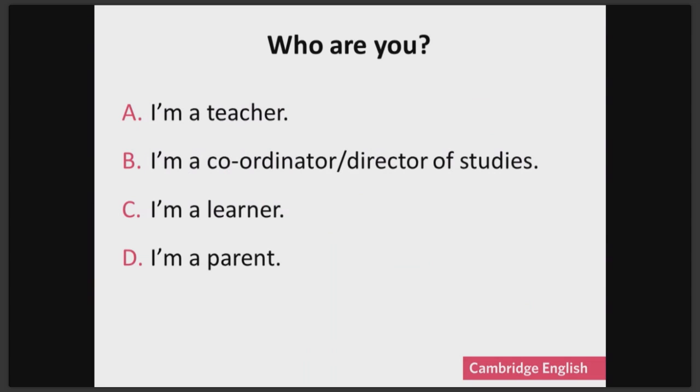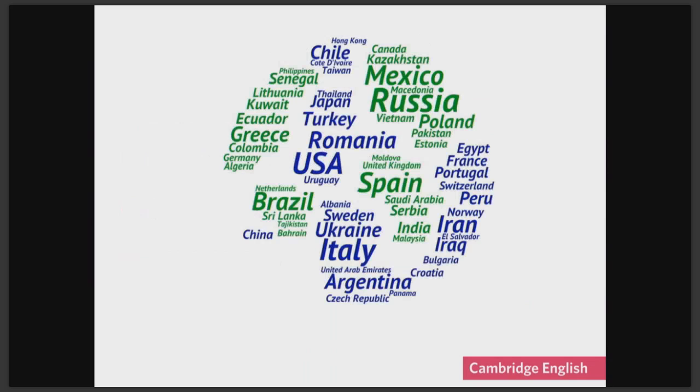That's useful to know. One more thing we'd like to know is where you are joining the webinar from. So we've looked into the registration numbers and we've created this word cloud to show which countries we think you come from. So we think that our top 5 countries are Italy, Russia, Argentina, Romania, Spain.